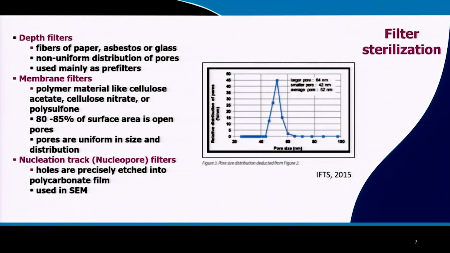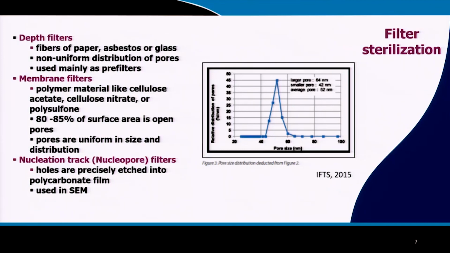Among depth filters, there are several different types available. They are made out of fibers of paper, asbestos, or glass. The advantage of glass fiber filters is that they do not leave any ash behind.